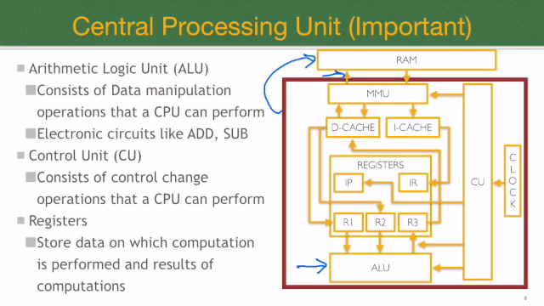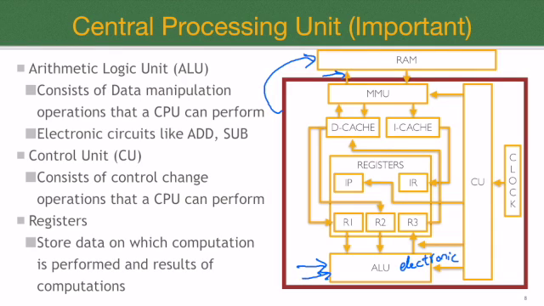So this is an electronic component, and those electronic circuits combined together perform the operations used for data manipulation, for example an addition operation, a subtraction operation, and so on. So those electronic circuits exist in this ALU.